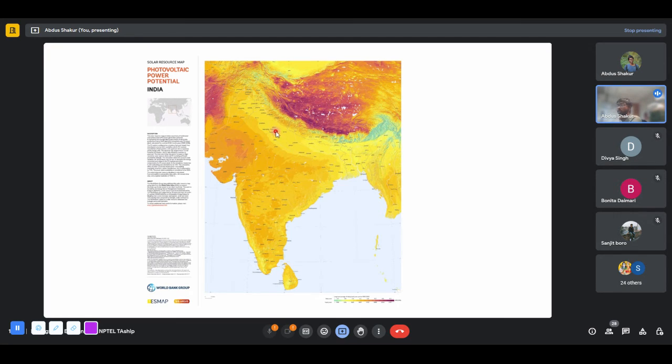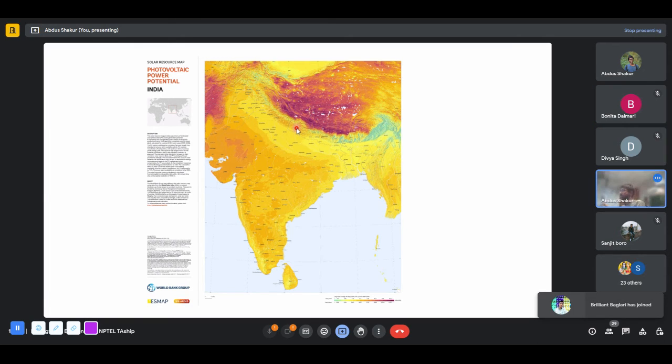So if you know a little bit of geography, you have the Shivaliks, then the Greater Himalayas, and then the trans-Himalayas are just after the end of the Himalayas, and these are essentially a cold desert. In the daytime, the ground temperatures go up very high, and that can generate a lot of electricity.